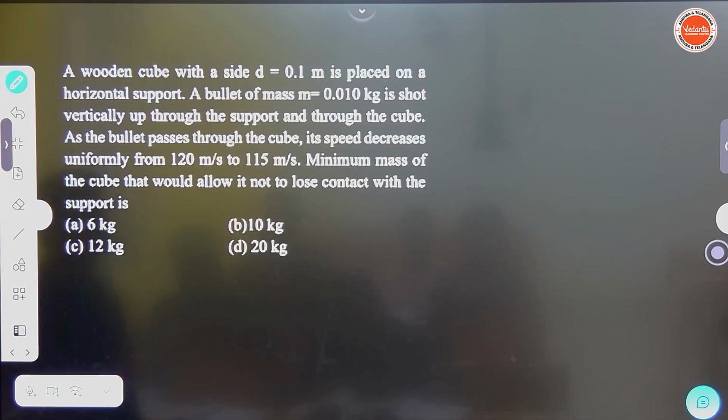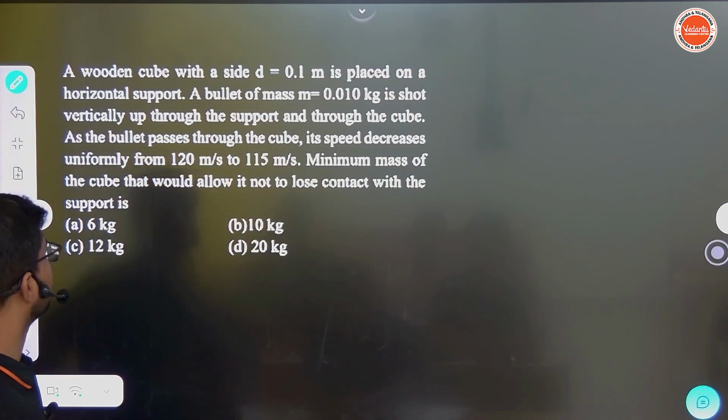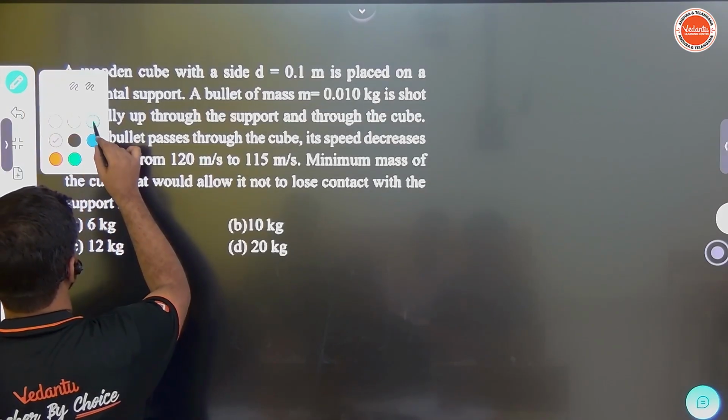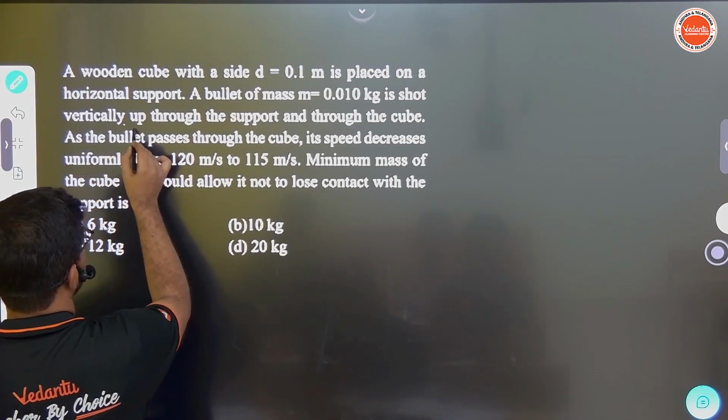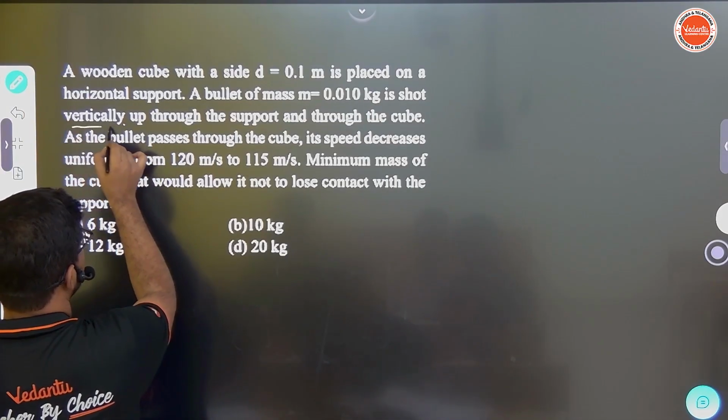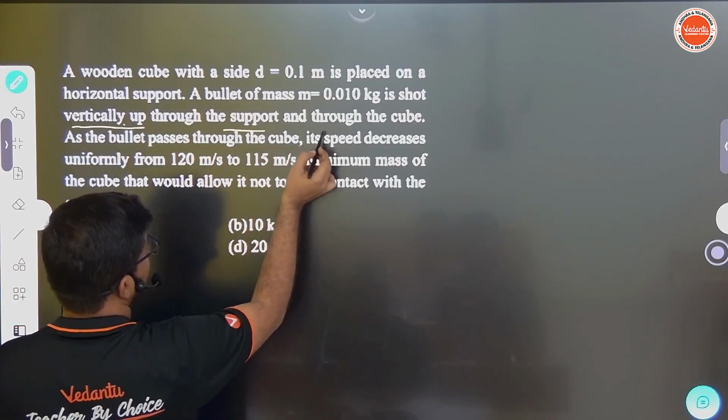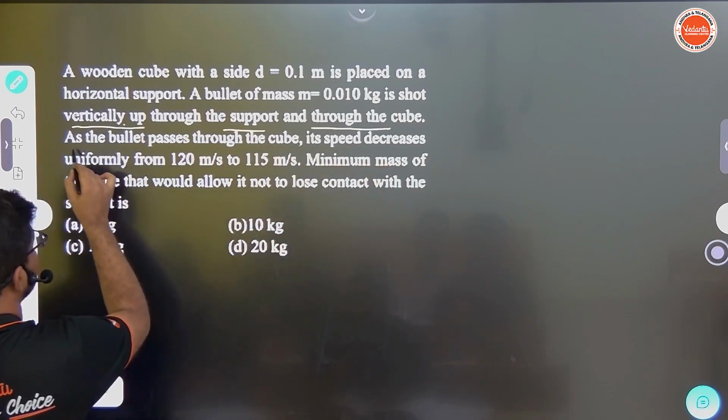A wooden cube with side d equal to 0.1 meters is placed on the horizontal support. A bullet of mass m equal to 0.010 kg is shot vertically up through the support and through the cube.